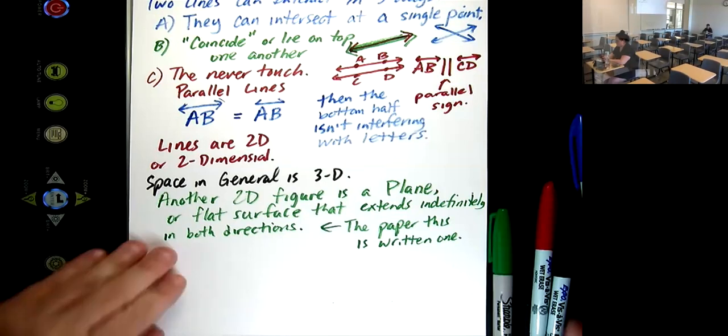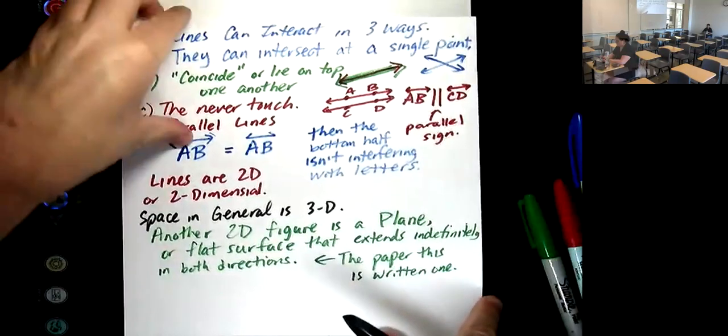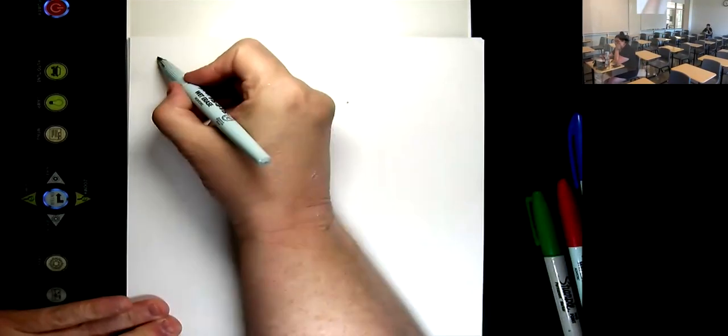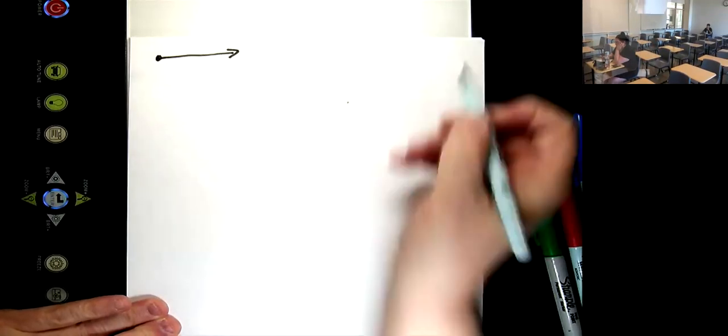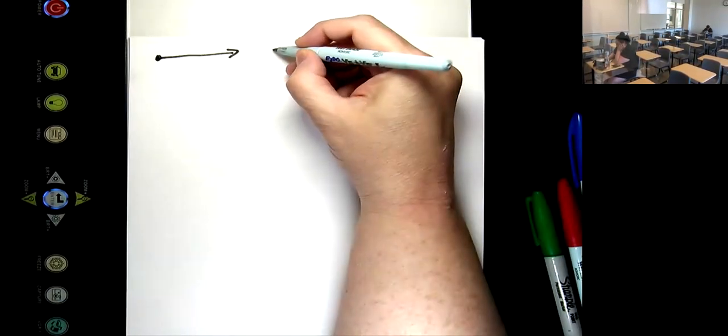All right, I got some more terminology. So we've done lines that have arrows on both sides. We've done lines that have no arrows. Finally, we have the line that has an arrow on one side and not on the other. This is called a ray.